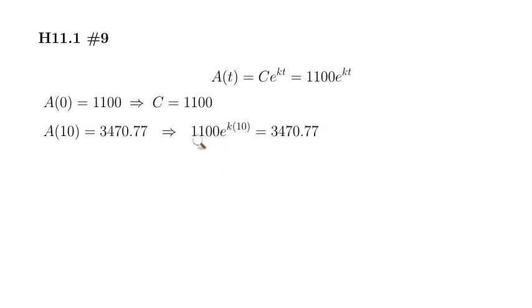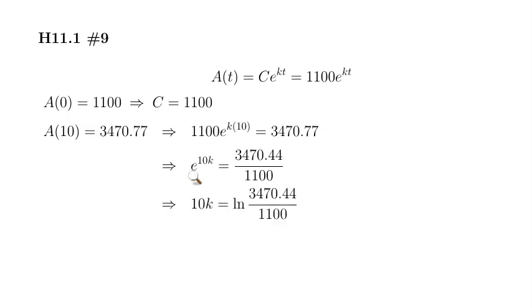Let's solve this equation for k. First we get rid of 1100 by dividing through by 1100. Then we need to get rid of the e, so we take the natural log of both sides. The natural log and exponential function cancel out, so you end up getting just 10k, and then the natural log of the right-hand side.